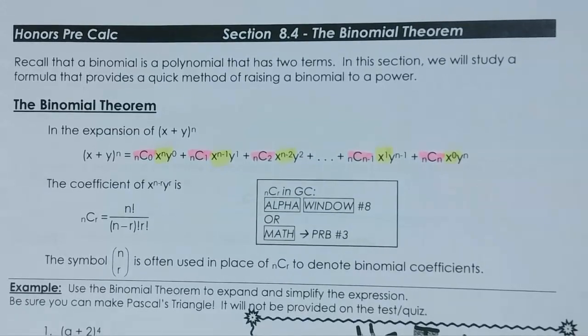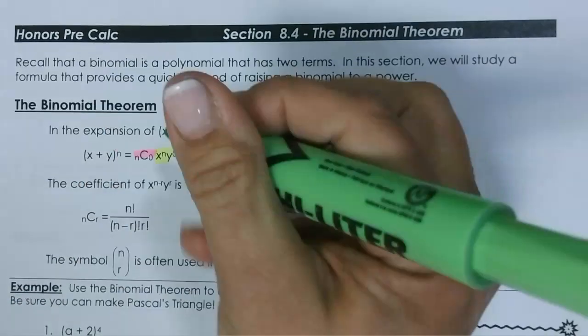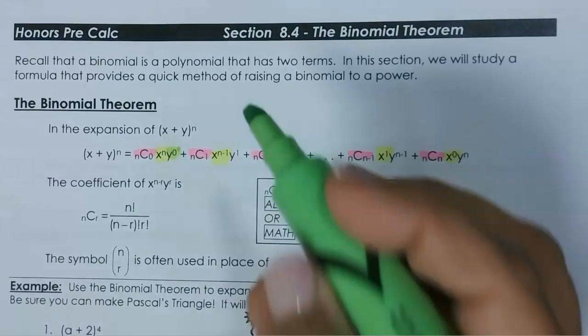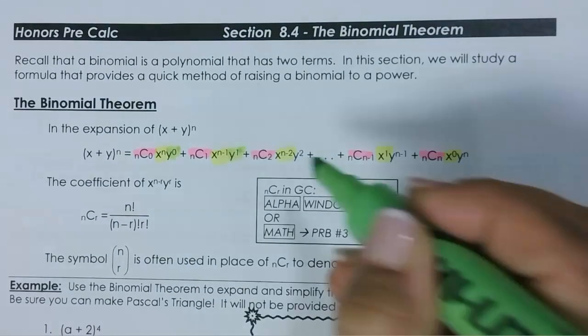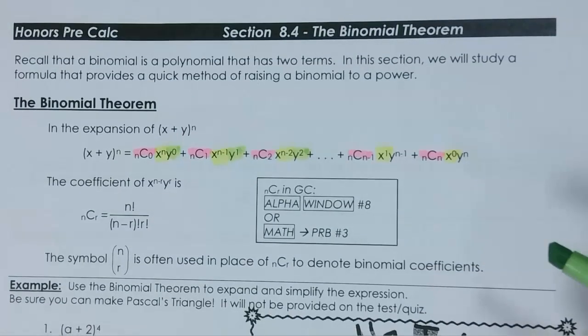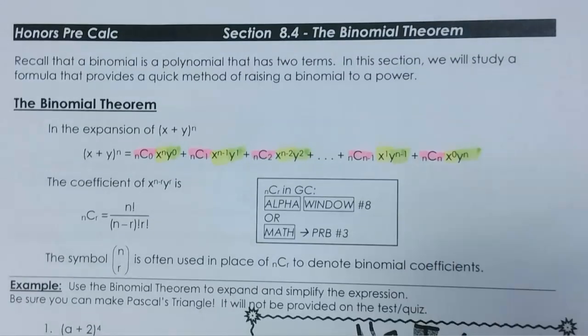Now we can't forget about the second term in the binomial, that y. That y is going to start at the 0 power and then move up 1 each time. y to the first, y to the second, y to the third, y to the fourth, and then y to the n minus 1 and y to the n.